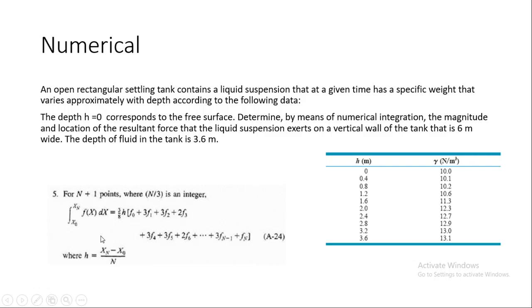So just for revision, I write the Simpson rule here, because again we have n values of 1, 2, 3, 4, 5, 6, 7, 8, 9.